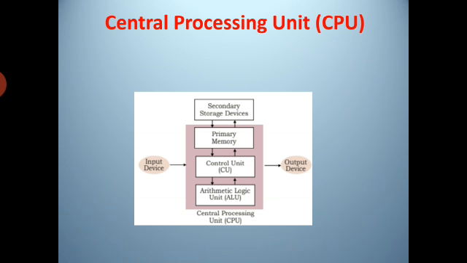The CPU is given instructions and data through programs. The CPU then fetches the program and data from the memory and performs arithmetic and logical operations as per the given instructions and stores the result back to memory.